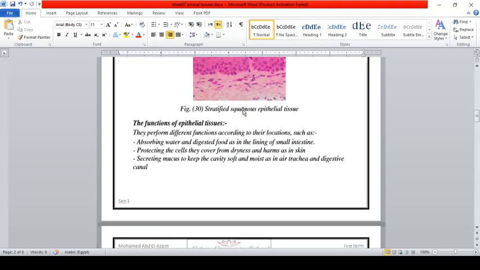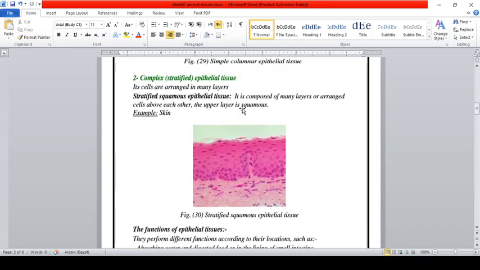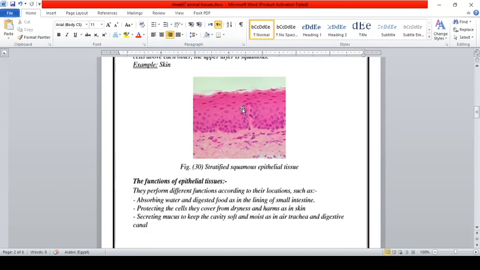And we have three main functions for all the epithelial tissue.